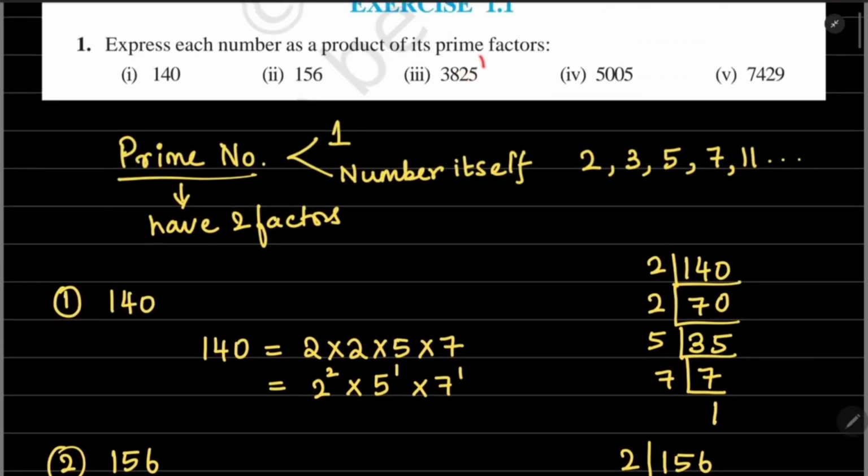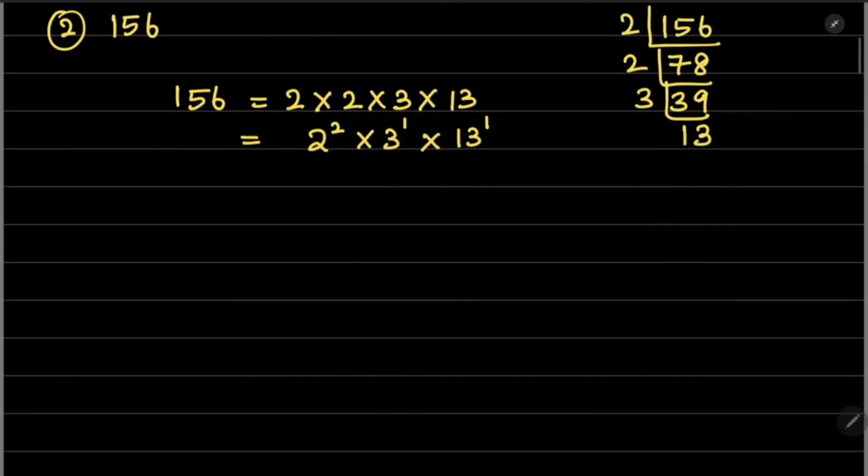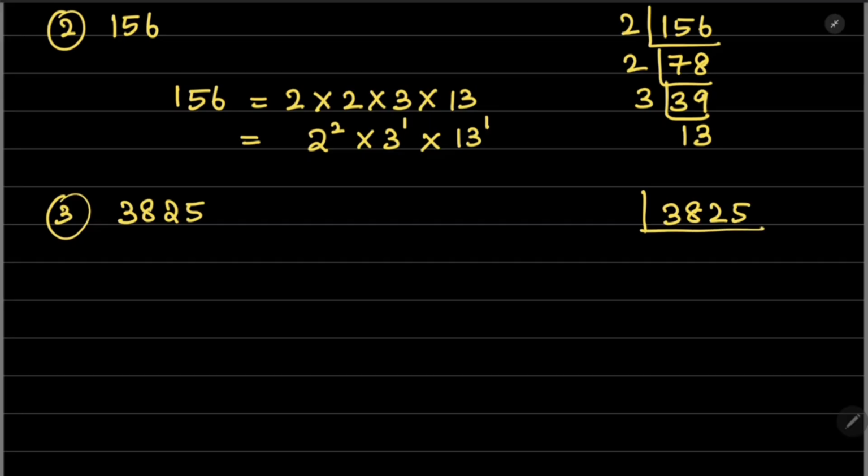The third one is 3825. Let's go ahead. Okay, let's see if it goes with 3. 3 ones are 3, 3 twos are 6, 22. 3 sevens are 21, again 5.